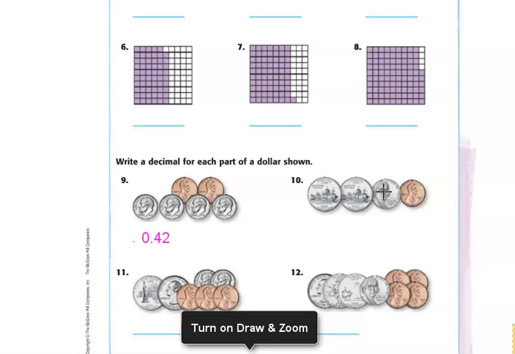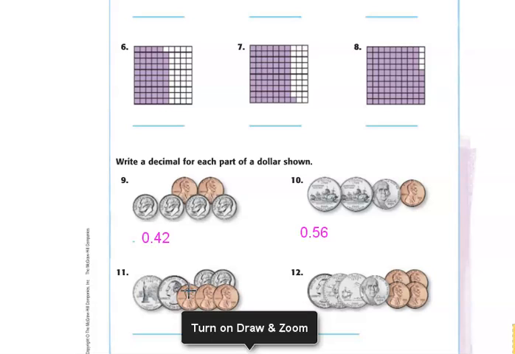So 50 plus 5 would give me 55, plus 1 more penny would give me 56. I have no dollars. I have an equivalent of 5 dimes, even though it's not 5 dimes there, and 6 pennies, but they've written it differently. 56 cents, or 56 hundredths is the correct way to record that one.